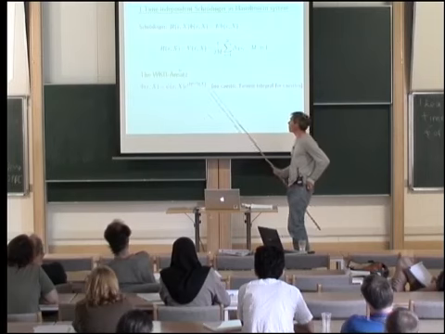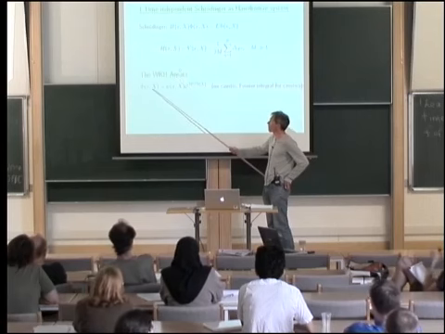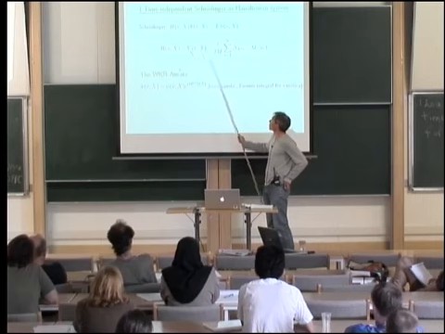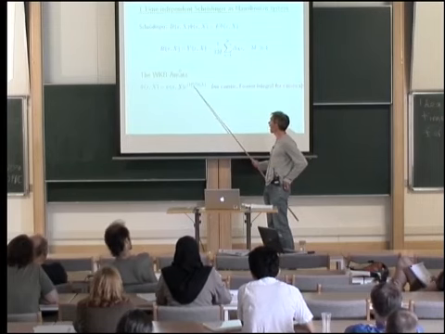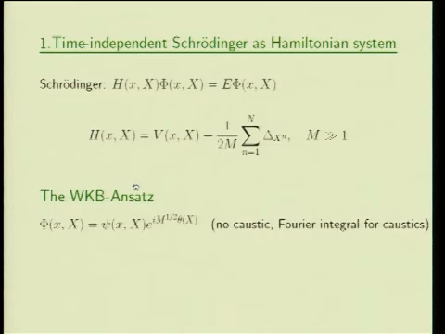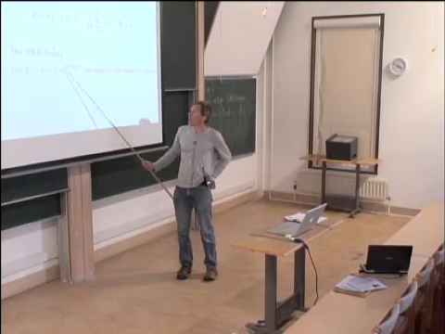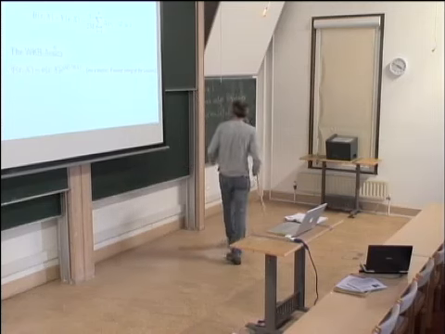The usual step is that you start with the ansatz of an eigenfunction of the Schrödinger equation. You write it as an amplitude function times a highly oscillatory phase function, which depends only on the nuclei coordinates, and the amplitude depends on both. And this is supposed to be real. Now you plug this into the Schrödinger equation, so maybe I write it here.